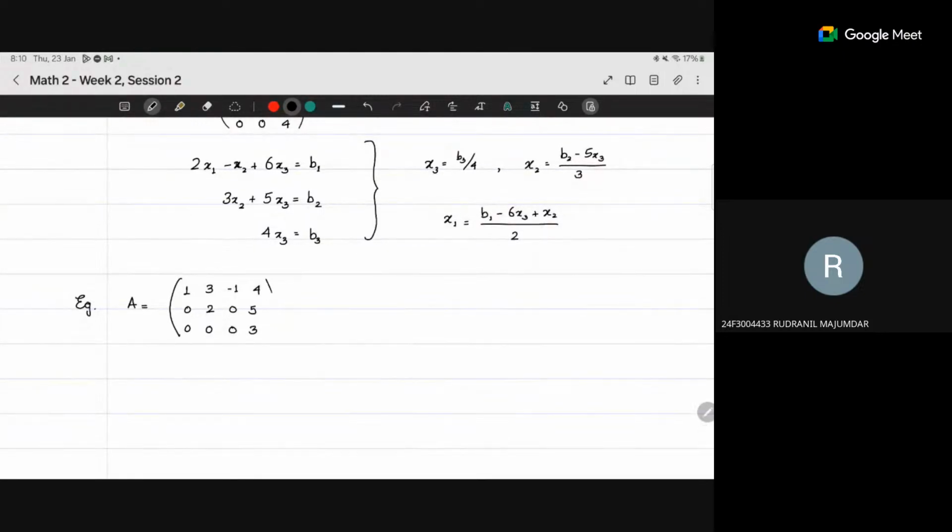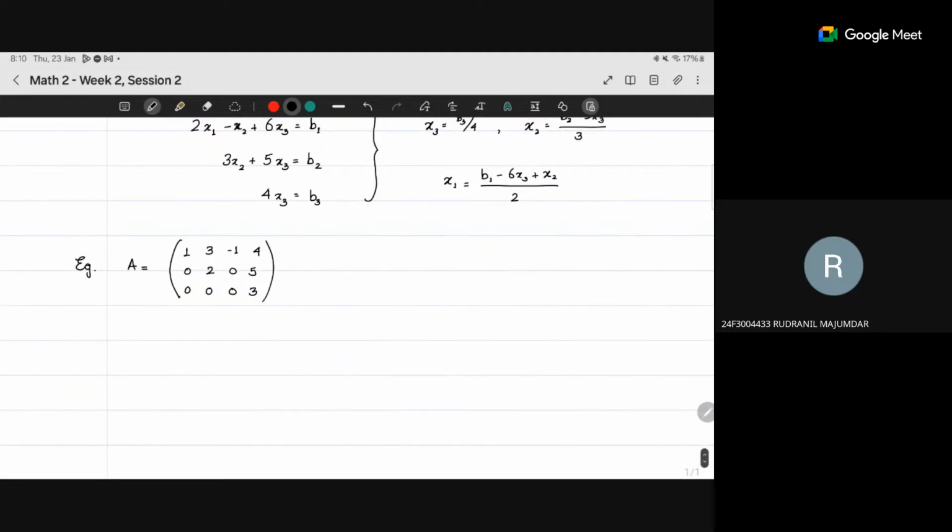Which I will explain more clearly when I explain the general method. But suppose you have this as your coefficient matrix. Once again, we can decode this and write the system of equations as x1 plus 3x2 minus x3 plus x4.